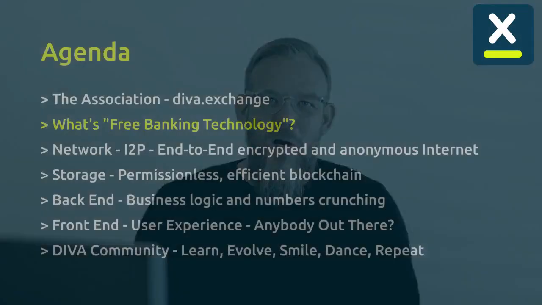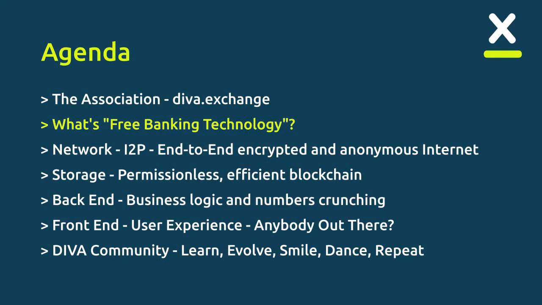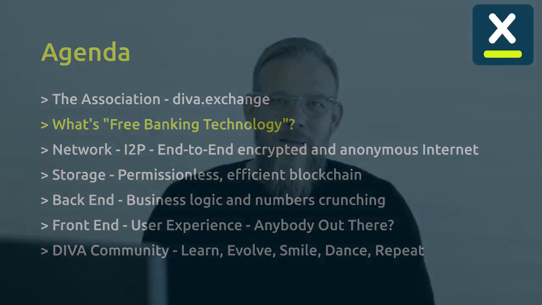Now, what's free banking technology? What's the scope of DIVA? The network is the market, and in this network we have nodes, and each node is a bank in this market. That's kind of the core thinking concept.